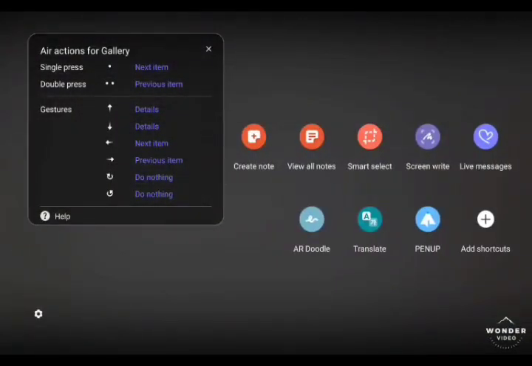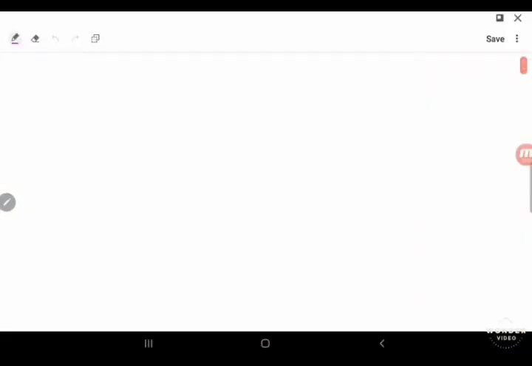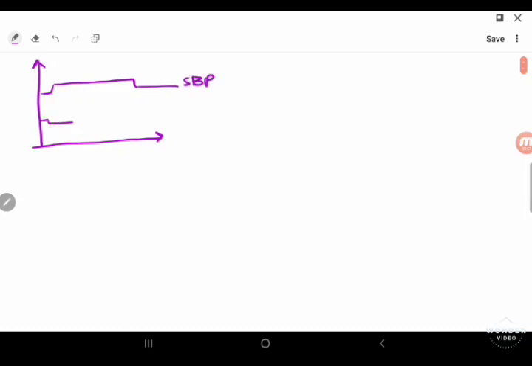So the first thing that I want you guys to do is whenever you see a graph like that where you're given the blood pressure on the y-axis, firstly note that the one with higher blood pressure is going to be your systolic blood pressure and the one with the lower blood pressure is going to be your diastolic blood pressure.